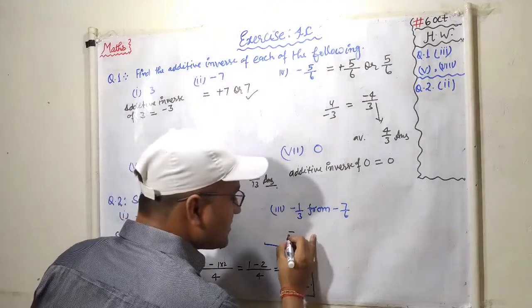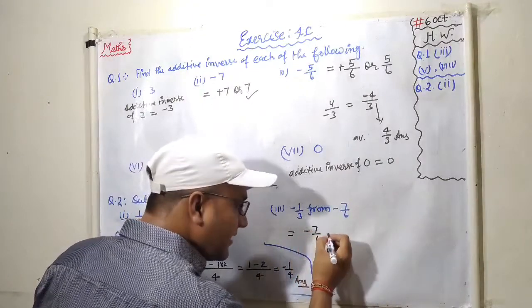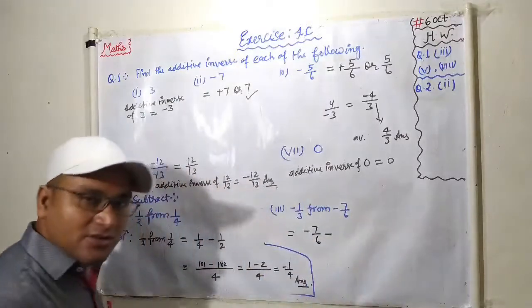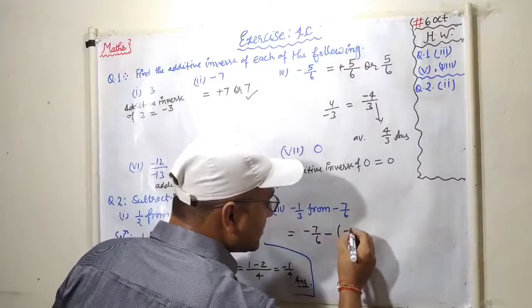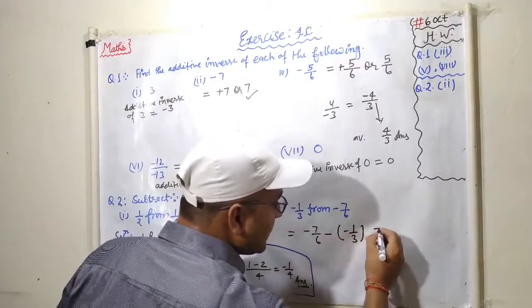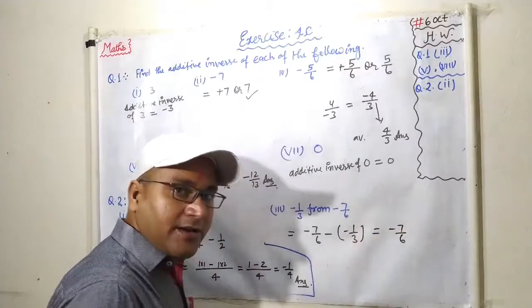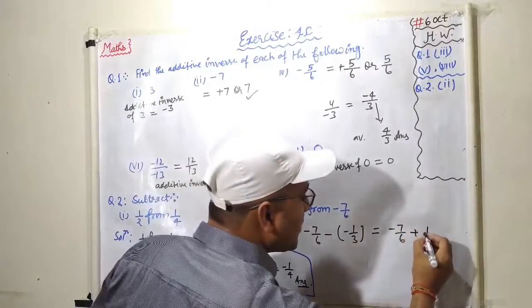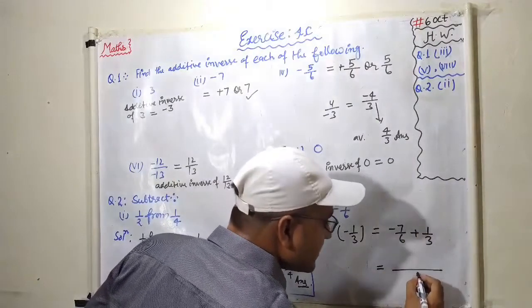See the solution, students. First you write the second one, minus 7 upon 6, and then the sign of subtraction, minus, and then you write this quantity in a bracket because it is a minus. In the next step you get minus 7 upon 6, and minus multiplied into minus is plus, so you get plus 1 upon 3. So what is the LCM of 6 and 3? That is 6.